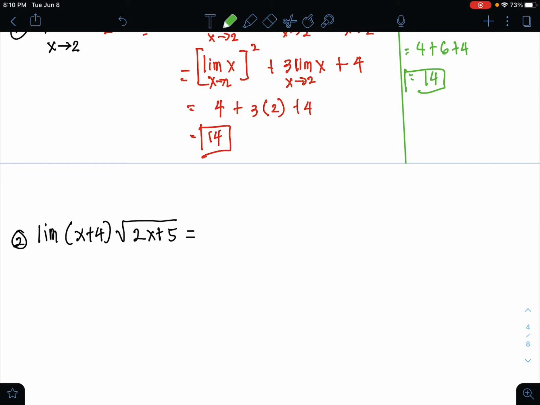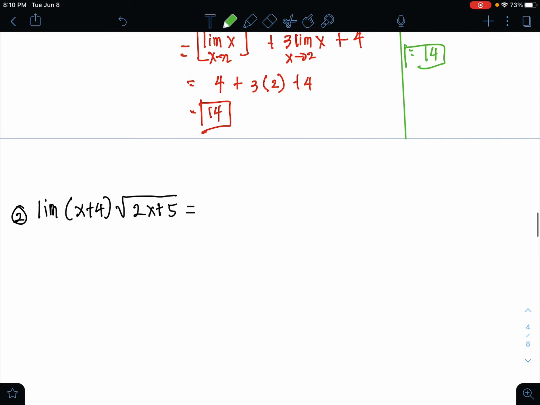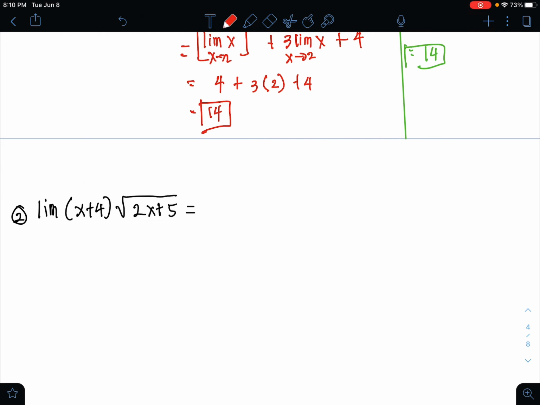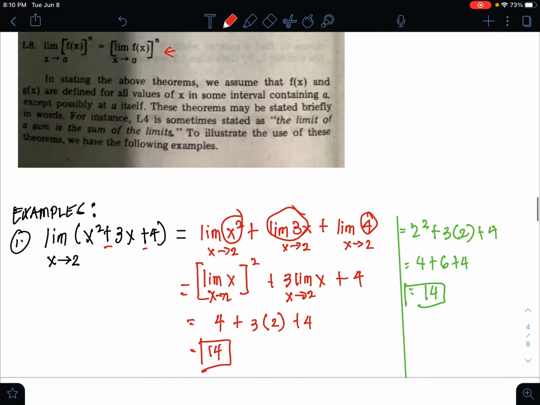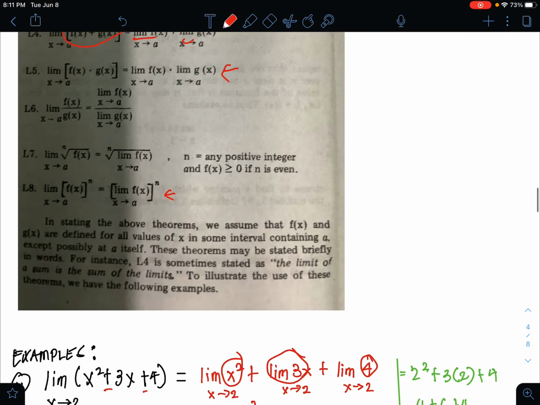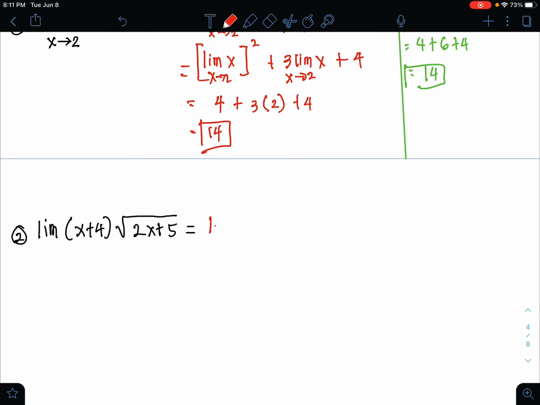Okay. This is a bit complicated because when I was also a student, I was afraid of the square roots, but I realized it's not that hard, okay? So, let's rewrite this according to theorem L5. Okay? So, limit of x plus 4.